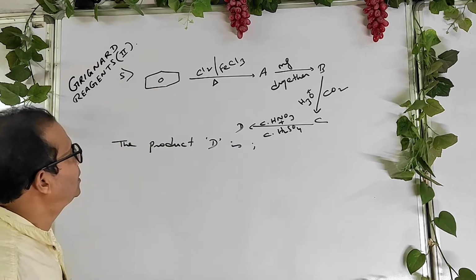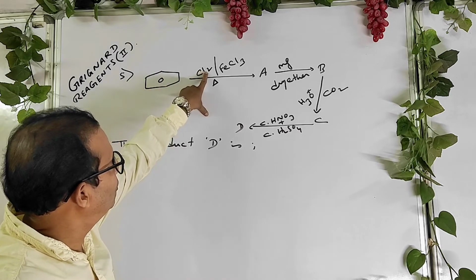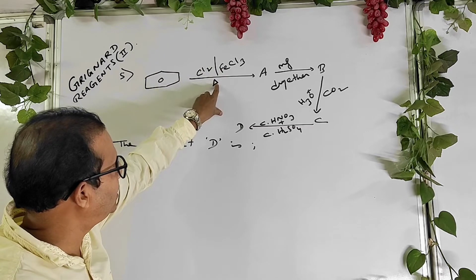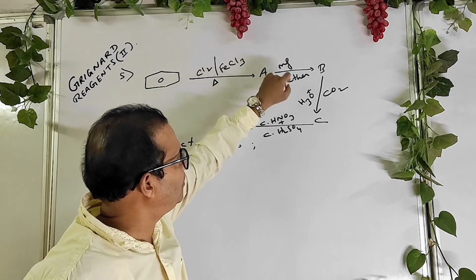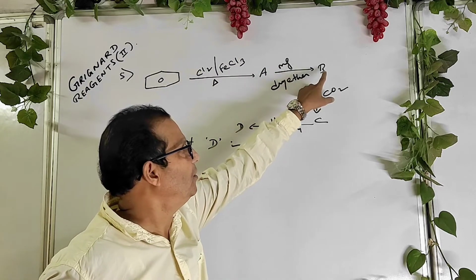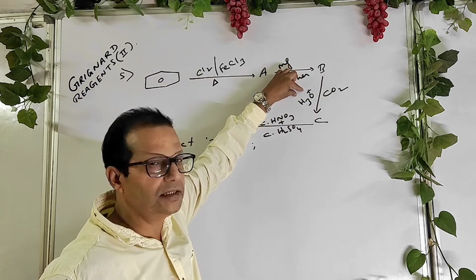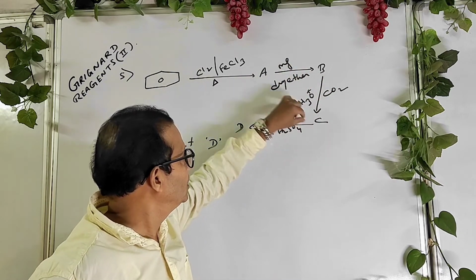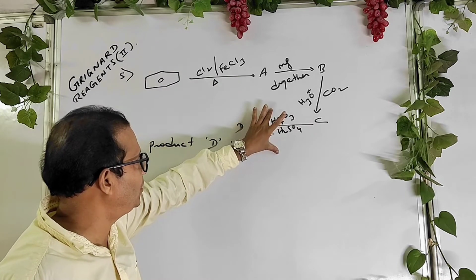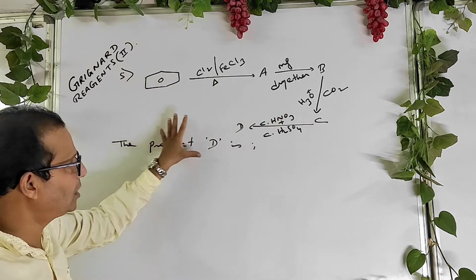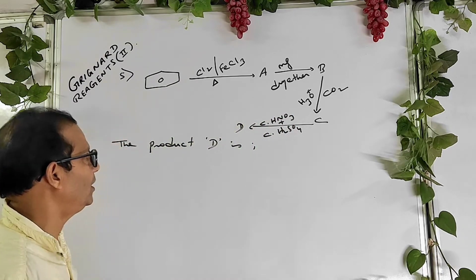So the question, you understand it. Benzene reacts with chlorine in presence of ferric chloride and heat, you get A. A reacts with magnesium in presence of dry ether, you get B. B reacts with carbon dioxide and acid hydrolysis, you get C. C when treated with a mixture of concentrated nitric acid and sulfuric acid, you get D. The product D is, options are normally given but I am not giving any option here.